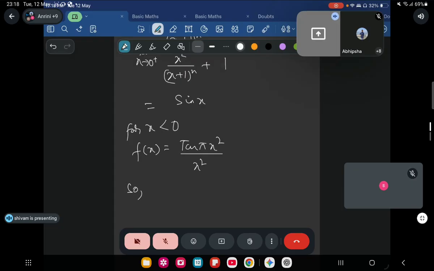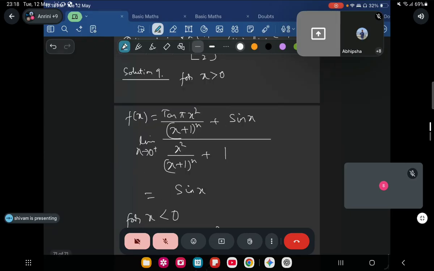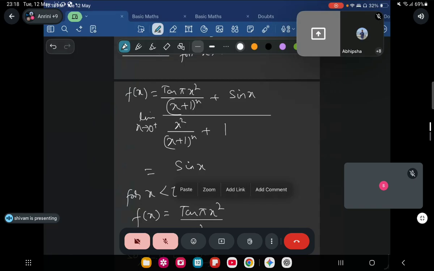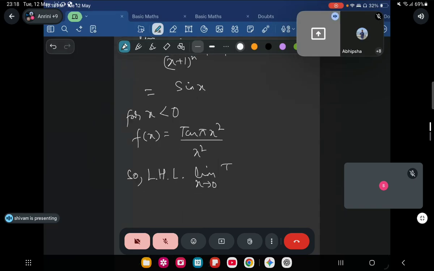So everyone, what is LHL? LHL will be equal to limit x tends to 0 minus of tan pi x squared upon x squared. Let us convert it into standard form, multiplying then dividing by pi. This part will become 1, you'll get pi.